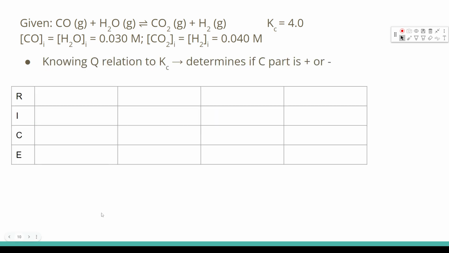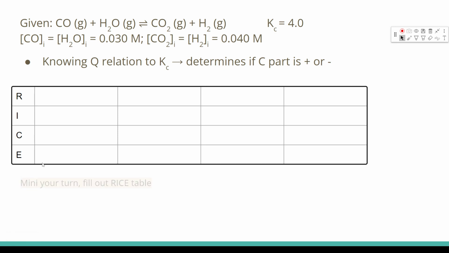All right. So since we know Q versus K, I could do a Rice table for this. And so this is the main reason why we're talking about Q versus K, because in order to know exactly what values we're going to get for E, I had to know if I'm going to increase the forward or reverse rate in order to do the C part of the Rice table.